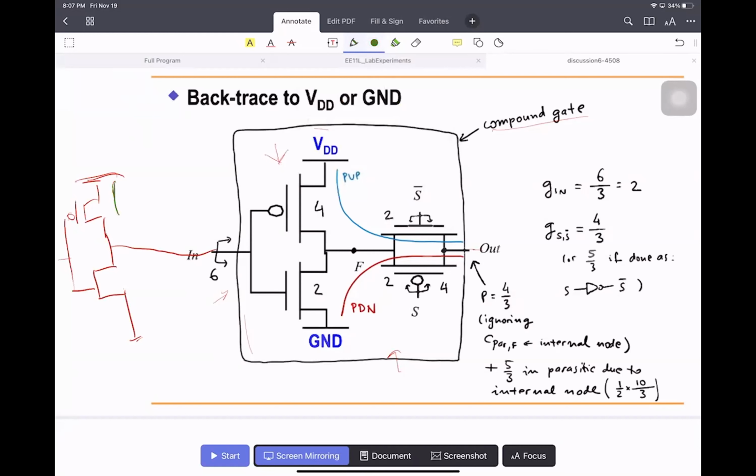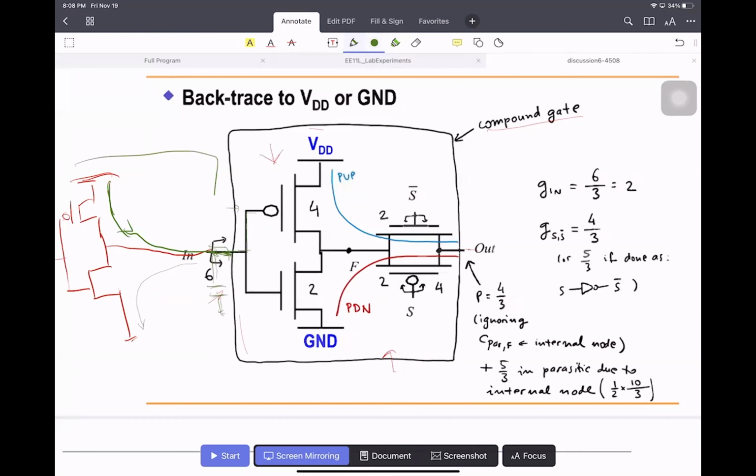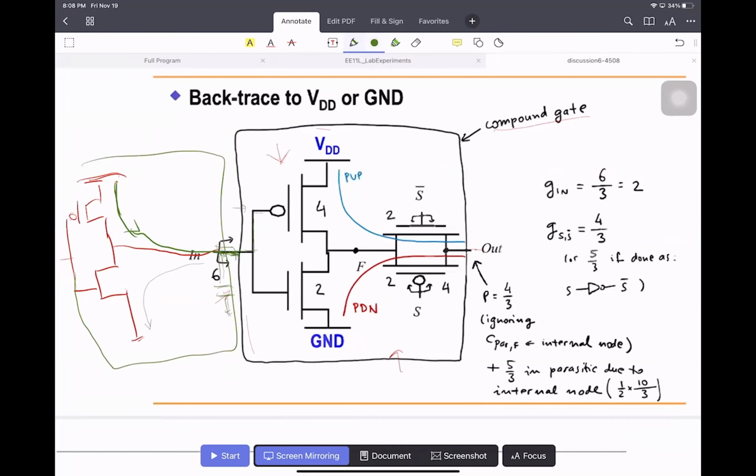If it's the inverter, it will pass through this transmission gate and go to the input of the second stage. The input of the second stage is a gate, and current cannot flow into a gate. It can only charge the input capacitor here, and then this current stops. It can only discharge in this way. It cannot pass into the next stage. That's why we call this the first stage: current stops here.